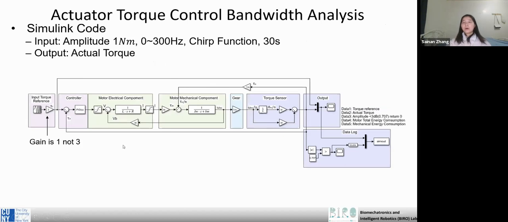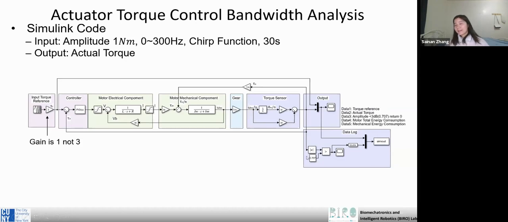This is the Simulink code, and this part is to compare the output's amplitude. Here we choose the absolute value, so we check whether the amplitude is more than 3 dB, which is also 0.707. Do you remember? I hope you can remember two numbers, the 3 dB and the 0.707.